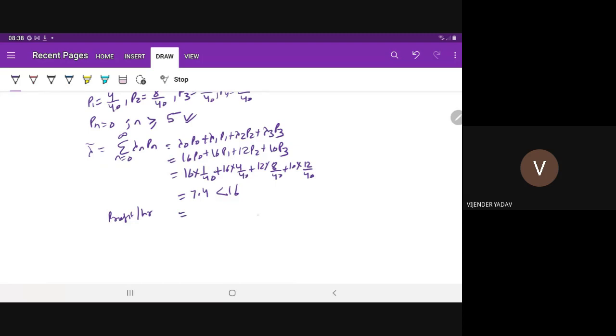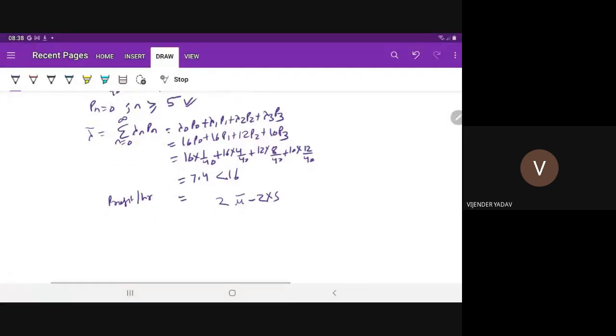We have to give the salary to two barbers. So 2 into s, that is the expenditure. So that we have to subtract. And from where are you getting the revenue? You are getting the revenue of rupees 2 from the served customer. Served customer, that is the mu bar.